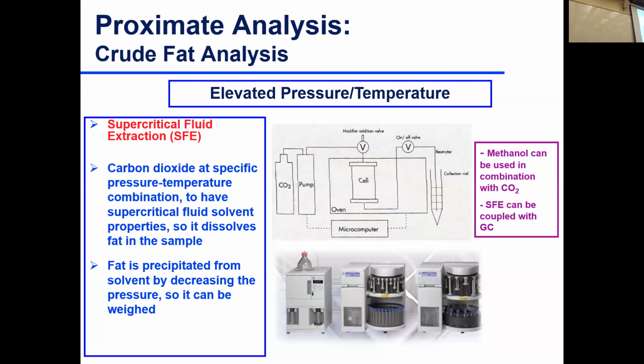As soon as it reaches the collecting vial, the pressure drops. By the pressure dropping, the CO2 evaporates, obviously turns into gas state, and then you collect the liquid or fluid fat or lipid in that vial. So that's how it works.